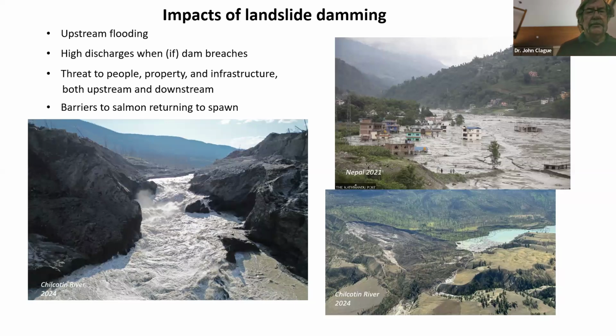When the dam breaches, assuming that it does breach, you get very high discharges, larger discharges than you would normally get during the freshet or during rainfall triggered floods, because all that water is flowing out of the reservoir very quickly, and peak discharges tend to be elevated tremendously.